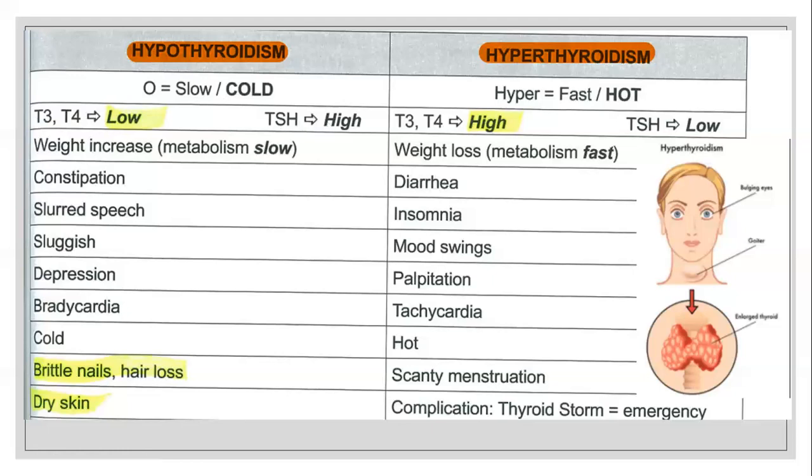Because of the body's compensatory mechanism. Weight increases because metabolism is slow. Constipation, difficulty to spit, depression, bradycardia, but here tachycardia. And hypothyroidism is cold, but hyper is hot. Brittle nails, hair loss, and dry skin.